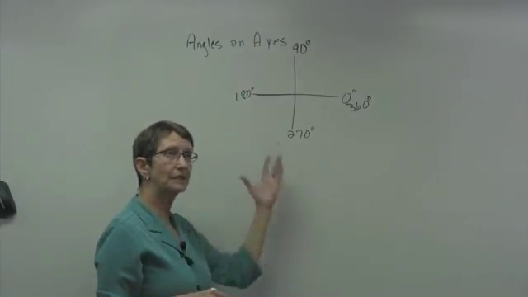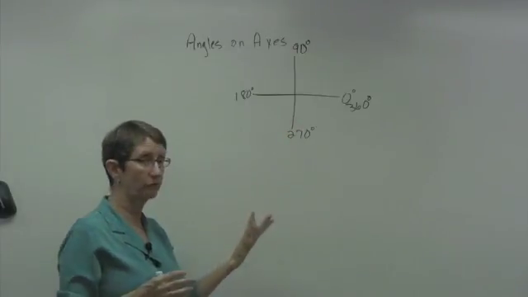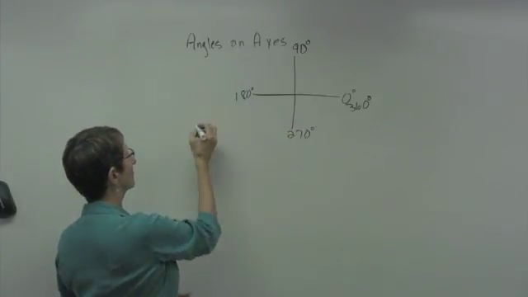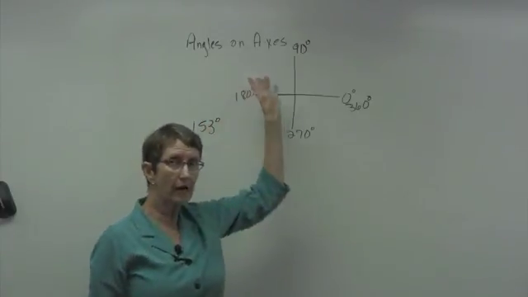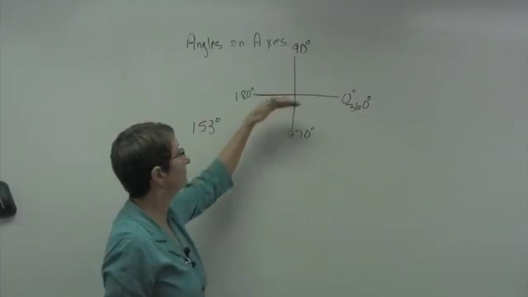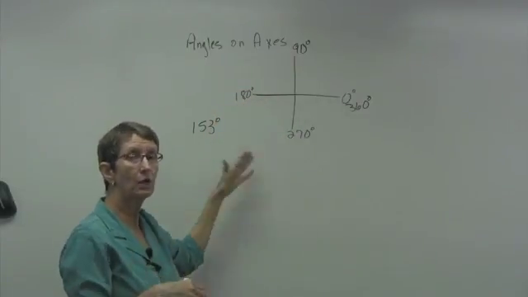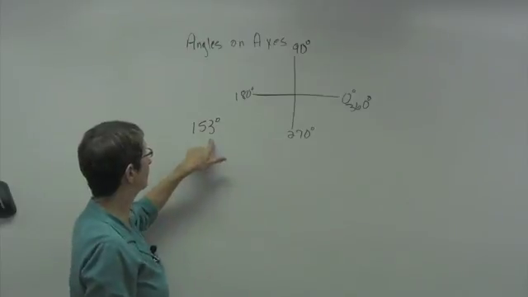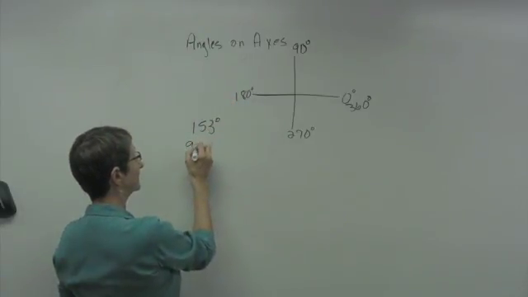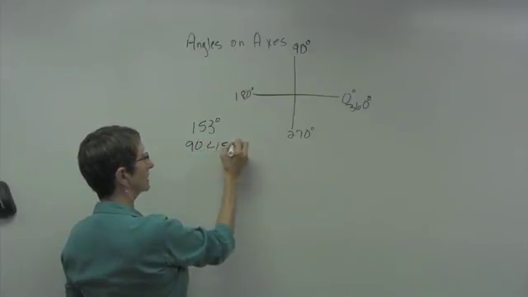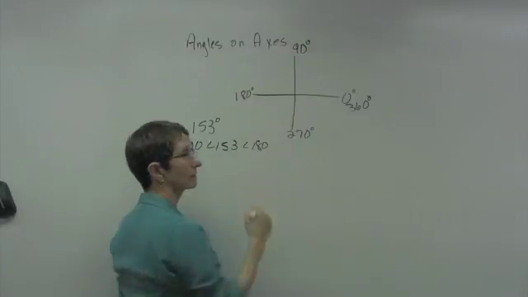And we mostly looked at nice round numbers, 45 degrees, 60 degrees, -60, 240. How about an angle of 153 degrees? This is not on an axis. But if you know the angles that are on the axes, then you know how to position these. 153 is bigger than 90 and less than 180, so it's in here somewhere.